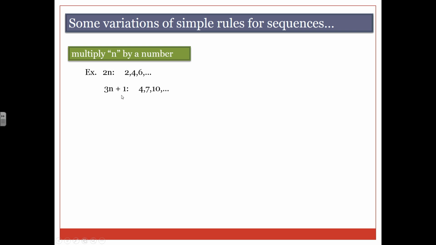Sometimes you have to add or subtract something to get to that first term where you start your sequence, but that's the general idea. Okay, you can take your n and raise it to a power. So like 1 squared, 2 squared, 3 squared. You can imagine the next term would be 16, which is 4 squared.